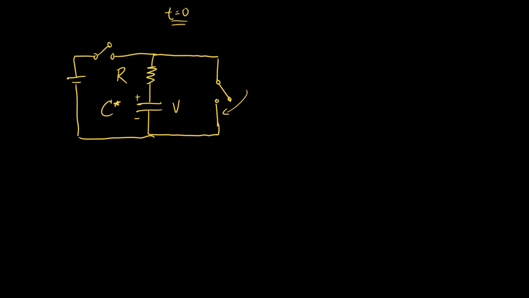Right? Because that's how it would have been charged. Because this is the positive side of the battery, and this is the negative side of the battery. So I open this switch, and then at time 0, I close the other switch. This is a discharging circuit. It will discharge the energy from the capacitor.